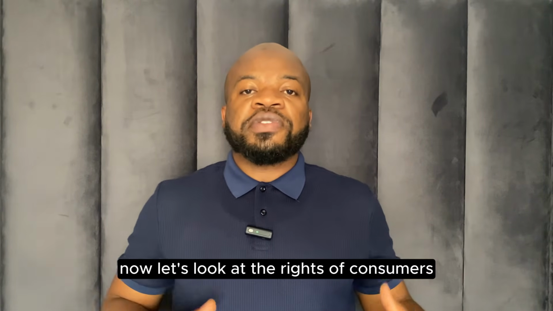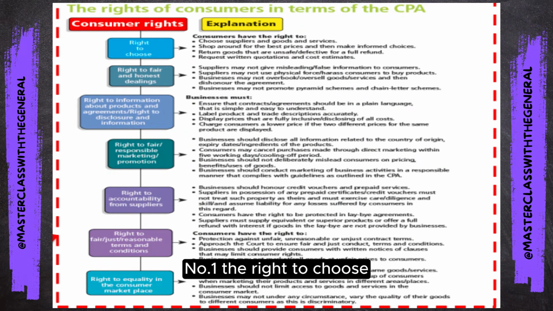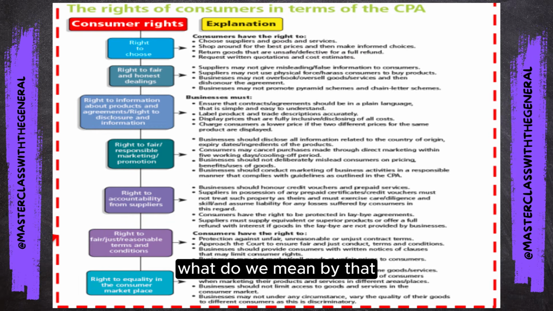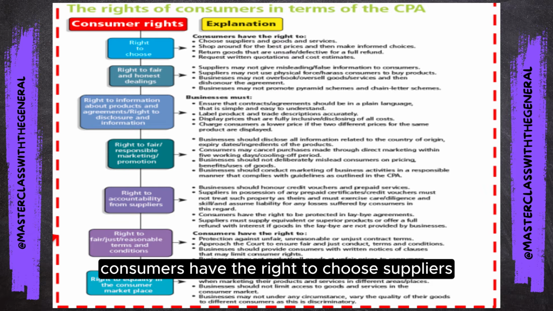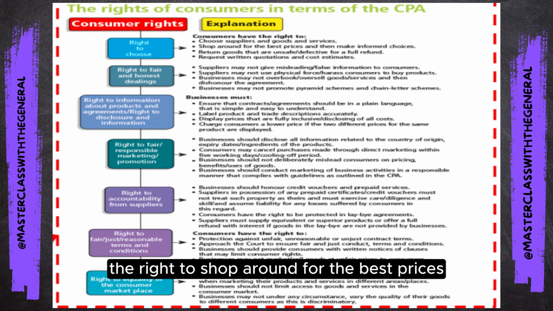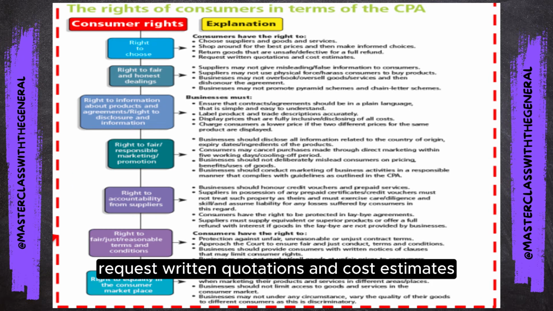Now, let's look at the rights of consumers under the Consumer Protection Act. Number one, the right to choose. So each consumer has the right to choose. What do we mean by that? Consumers have the right to choose suppliers of goods and services, the right to shop around for the best prices and then make informed choices, return goods that are unsafe or defective for a full refund, and request written quotations and cost estimates.